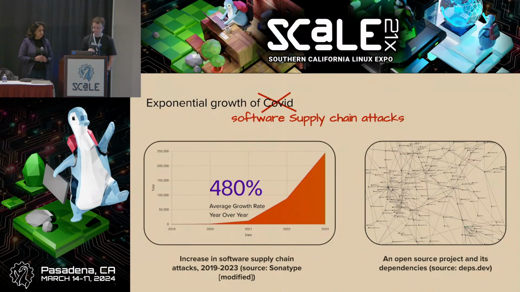On the right is an image from the deps.dev website, which we'll mention quite a bit today. It shows a typical open source project, together with the other packages that it depends on in order to function. As we're all aware, open source software is incredibly interconnected.